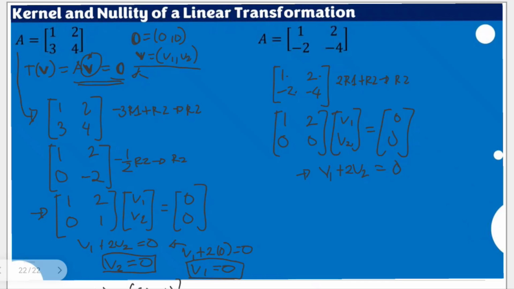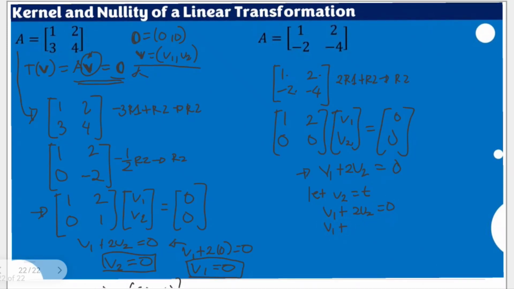Since there are two variables here, you can let v sub 2 be an arbitrary constant t. In that case, v sub 1 plus 2 v sub 2 equals 0 will become v sub 1 plus 2t equals 0. v sub 1 is equal to negative 2t. For this, we have these two entries now.